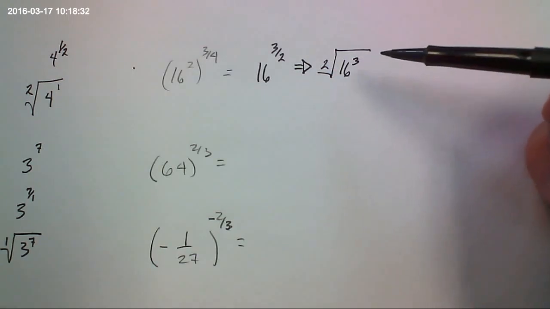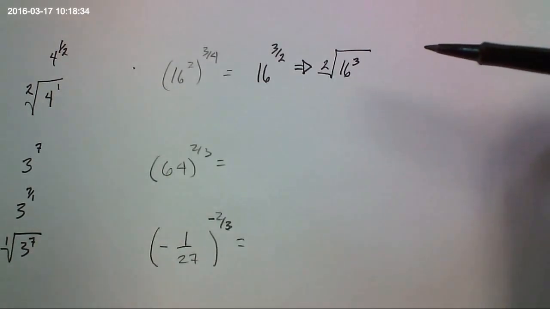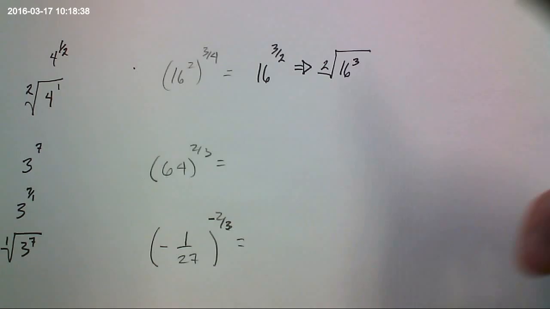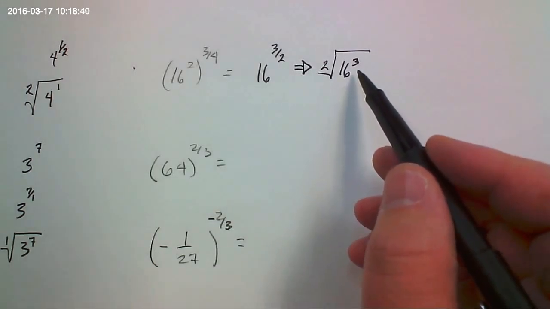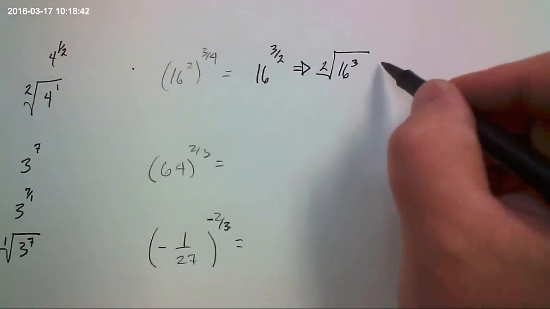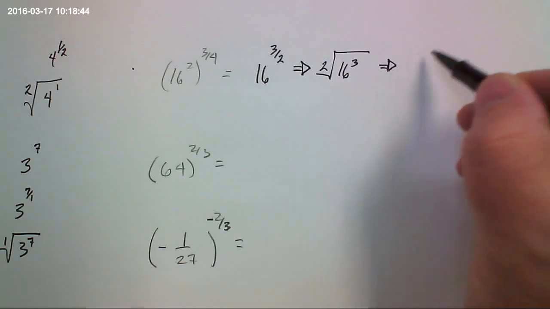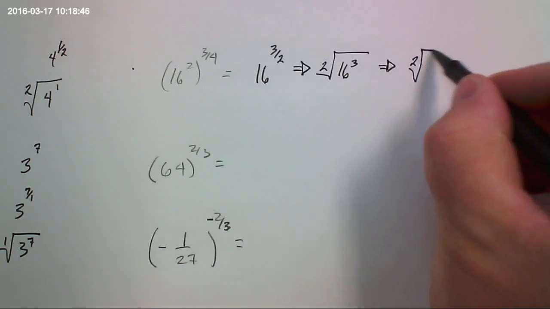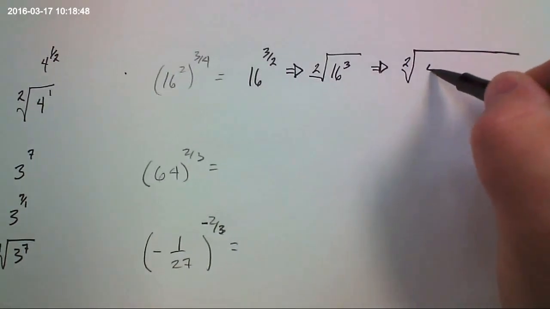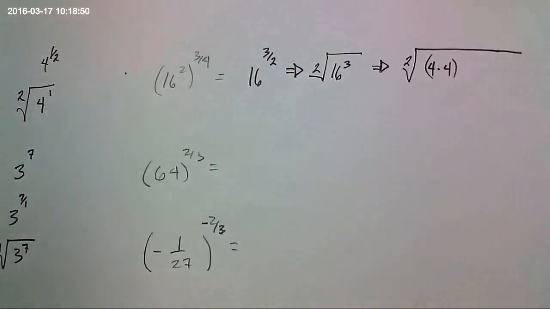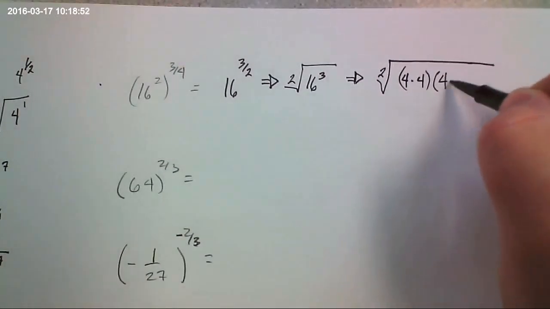Would you agree that 16 is 4 times 4? And how many 4 times 4s do I have? I have 3 groups, correct? So I could write it out like this if it would help me. There's 1, right? Here's another.